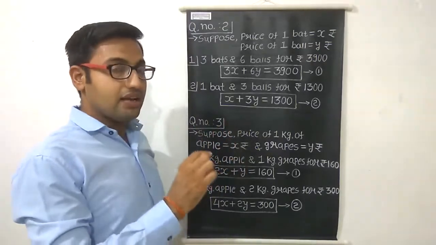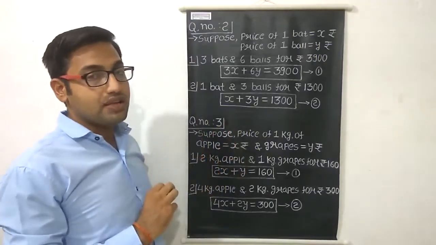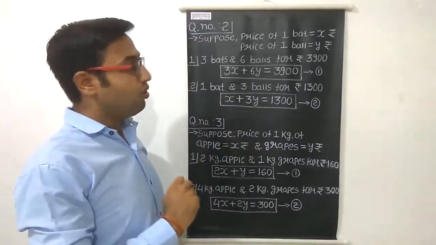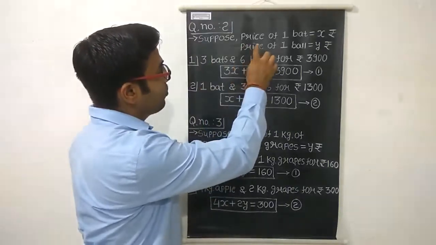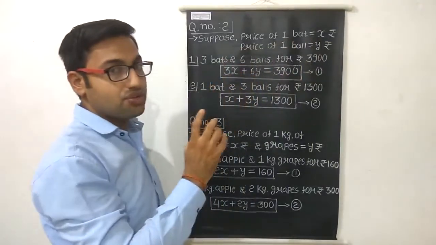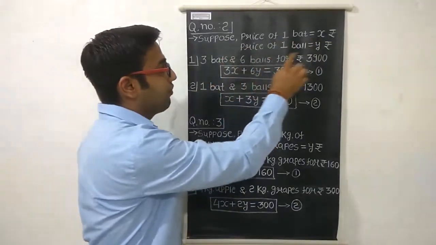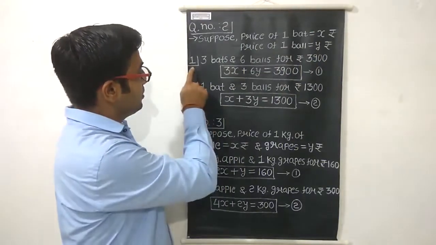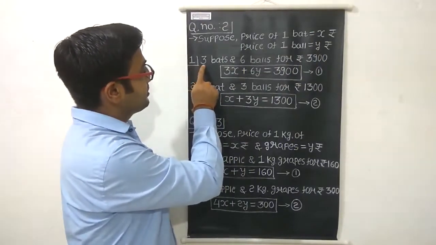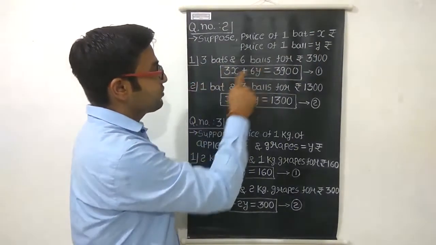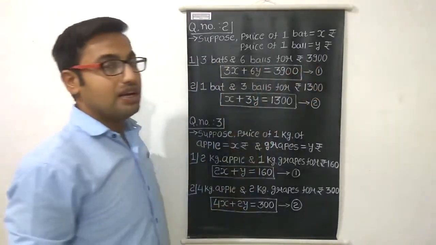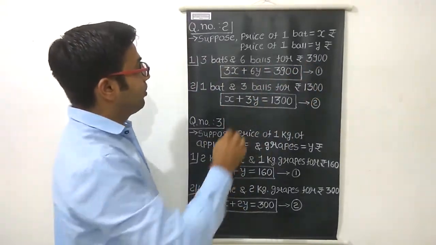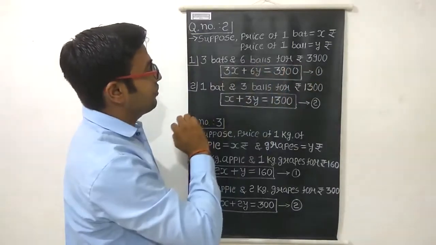One is the bat and one is the ball. We don't know the price of each bat and ball. So, let's suppose the price of one bat is x rupees and the price of one ball is y rupees. So, in the first situation, she buys 3 bats and 6 balls for rupees 3,900. From this, we have to make an equation.